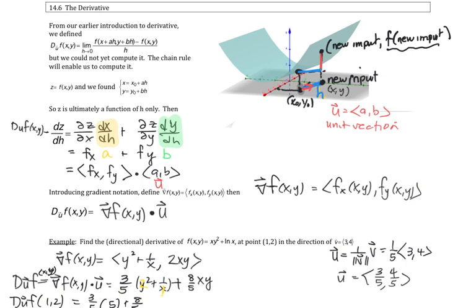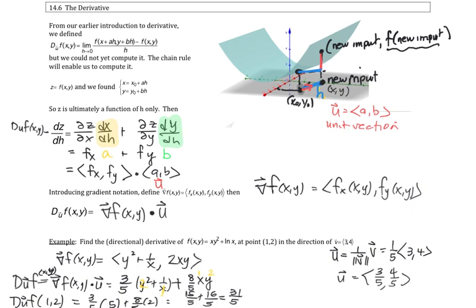I'm putting in a 1 for x, and a 2 for y. 8/5 times 2, so 16/5. So 15 over 5 plus 16 over 5. So 31 over 5.